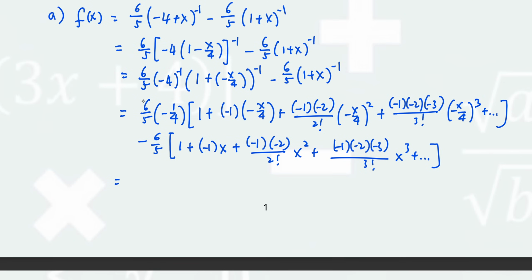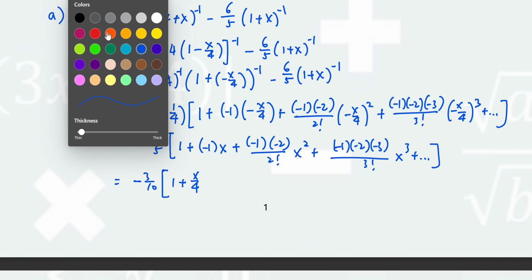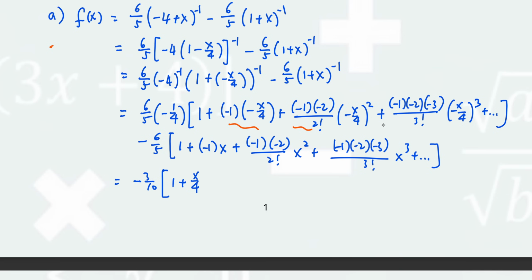So for the first one, you get 6 over 5 times negative 1 over 4, which is going to be negative 3 over 10, multiplied with 1 plus x over 4, just do the expansion. Simplify all this.